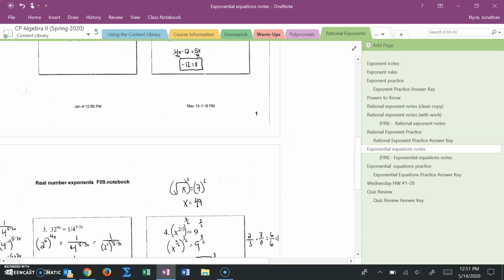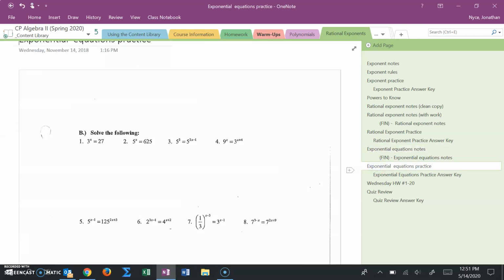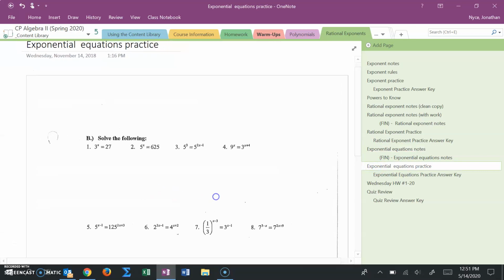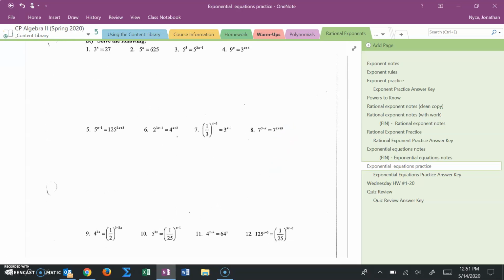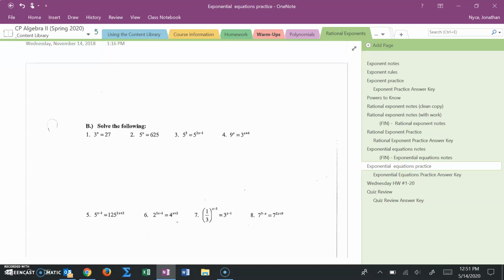Let's look at a couple quick examples, and then we'll wrap it up from there. So if we go to exponential equations practice, let's look at number 1. So 3 to the x equals 27. I know 27 is 3 cubed. Bases are the same, exponents have to be the same. So x has to equal 3.